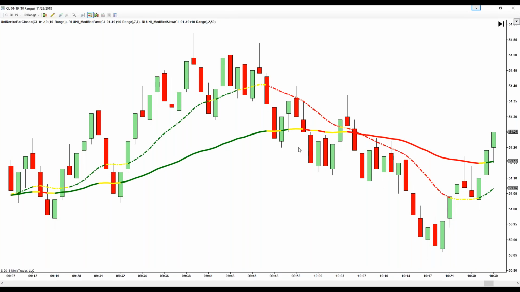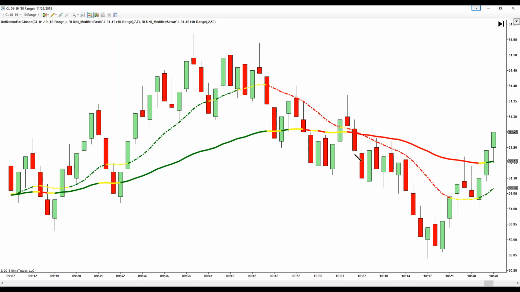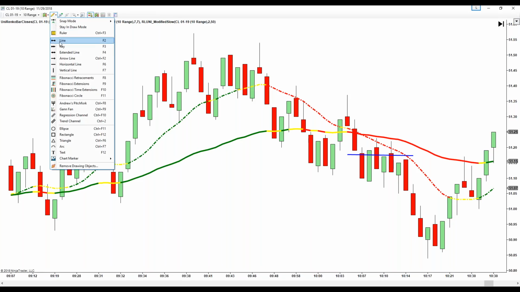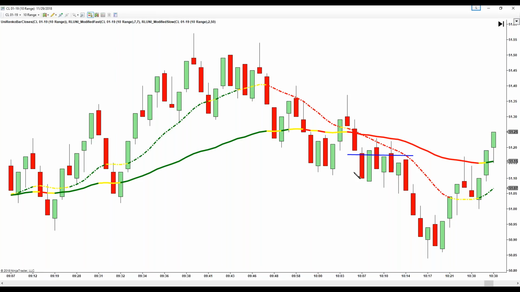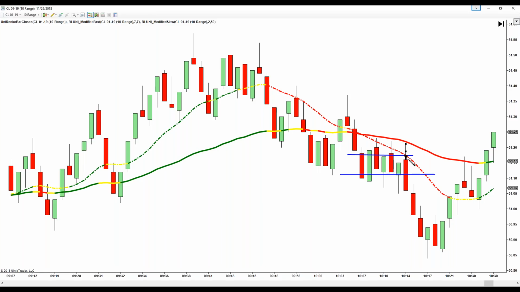Let's see, this is another pattern that I really like. It's right here. It's a move into consolidation that moves right into resistance. And this would be your exit candle.